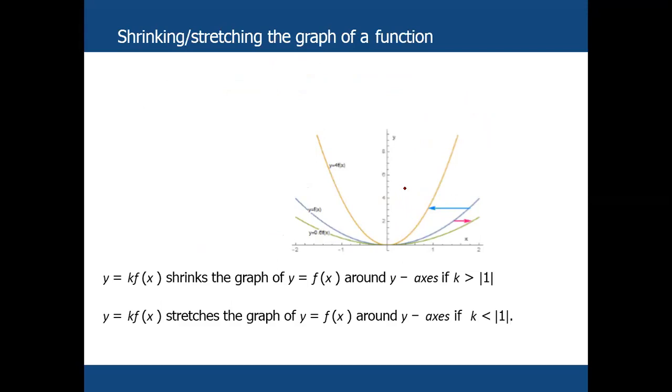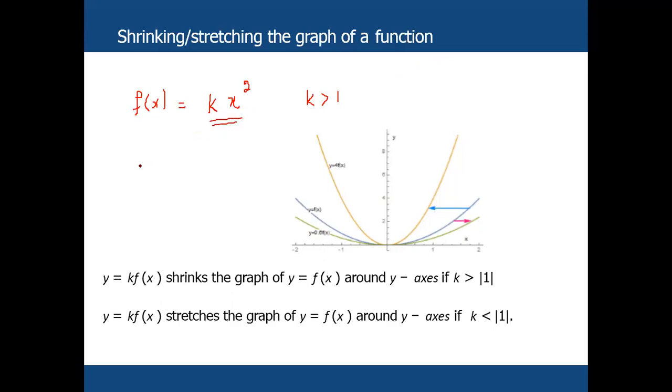So, if we have a function, let's suppose f of x equals x square, and if we multiply with a number k, where k is greater than 1, like positive values 2, 3, 4, the graph will shrink.